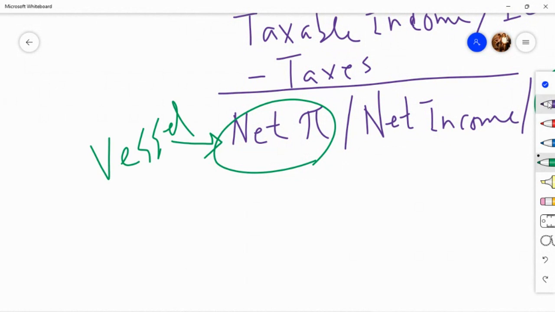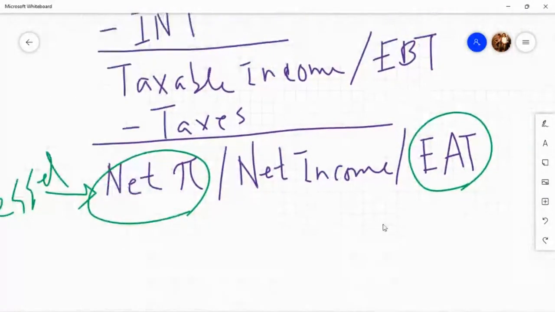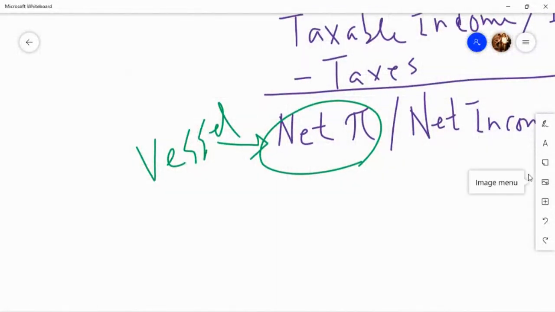And who are the owners of the company? Think about it. A company is just a legal structure, right? And the company cannot spend that profit. In other words, does the company use the profit to buy clothes and wear them?